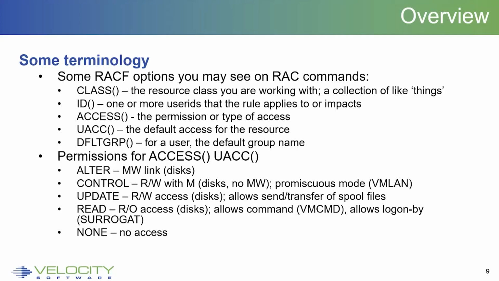The access is the permission you want to set for that type of access. And then there's a UACC or universal access setting, the default access for anyone that doesn't specifically have a rule for that resource. And default group, and this is for setting up a user, that's the default group name that you want to set.